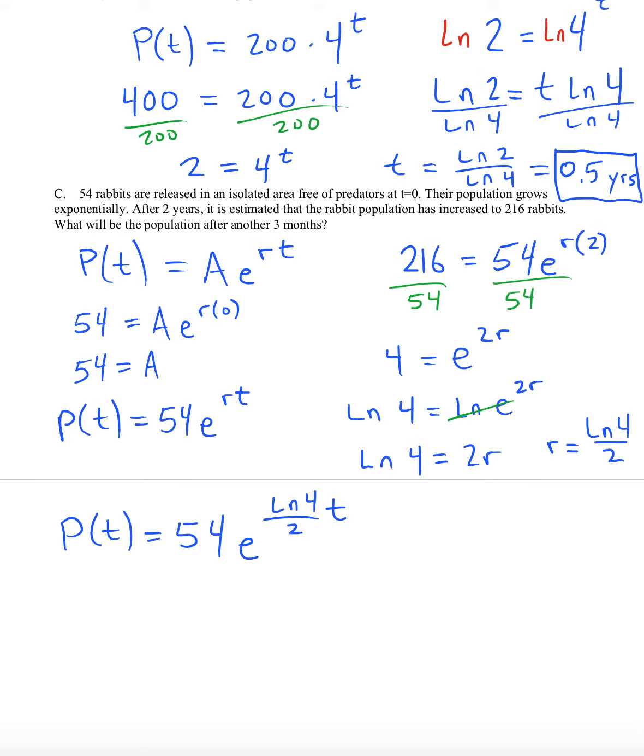Now we can use this formula for the purposes of prediction of how many rabbits there'll be after 3 more months. Our time t is supposed to be in years, though. At least that's how we had used it previously. So we're going to have to figure out how many years 2 and 3 months is.